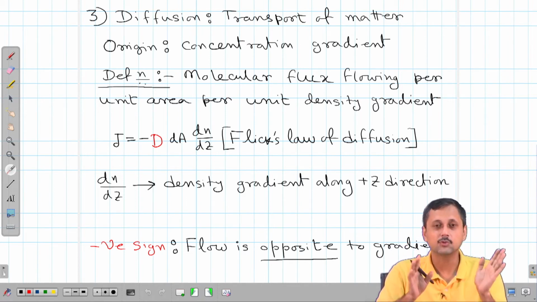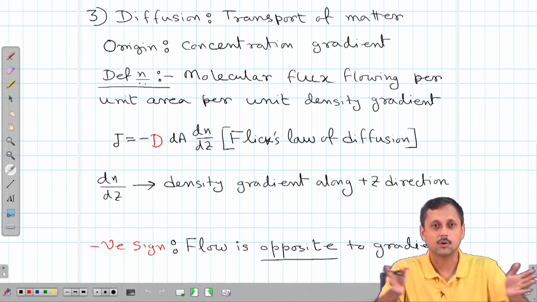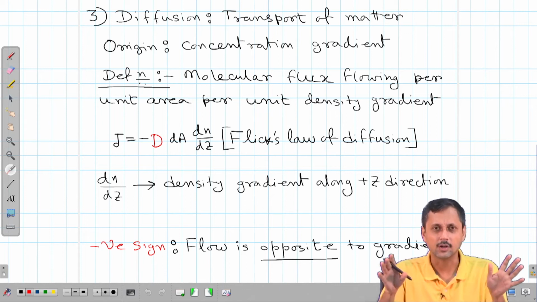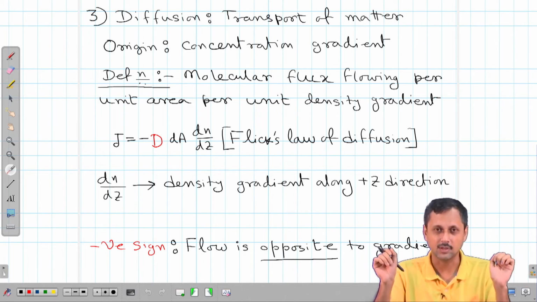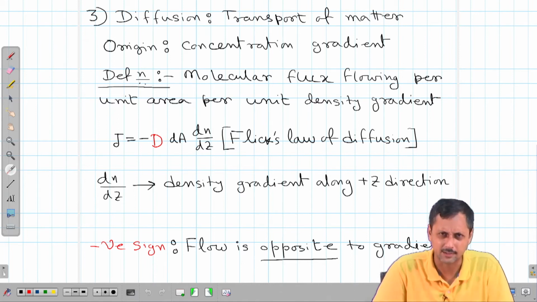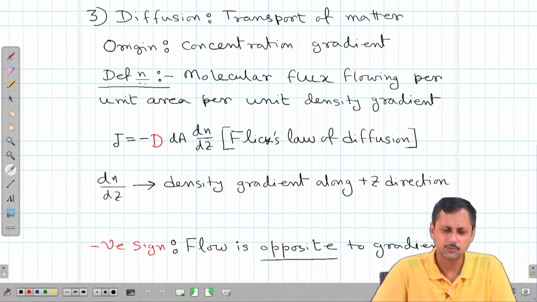Every system wants to drive itself towards equilibrium. So, high concentration always wants to propagate in different directions, so that the concentration gradient no longer exists. Okay. So, that is the basic nature of any natural system, and this is why we have something called diffusion.